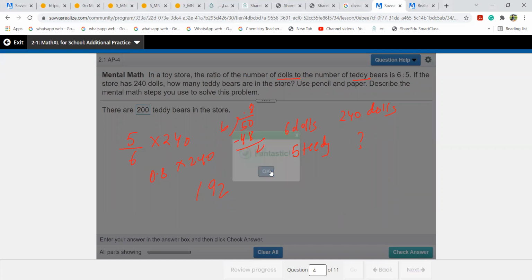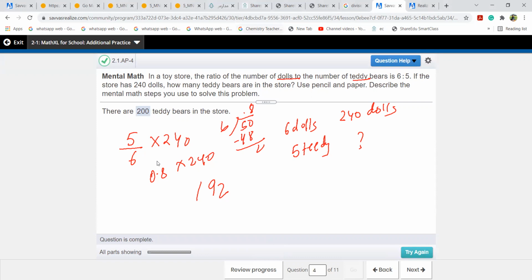How do you get that? See, first when you divide this, you get 0.8 something. Because I told you take two numbers. Like 5 and 6. 6 and 0.8 is 48. And then you get a 2, right? Then 0 again. 6 3s are 18. Am I correct? 6 3s are 18.